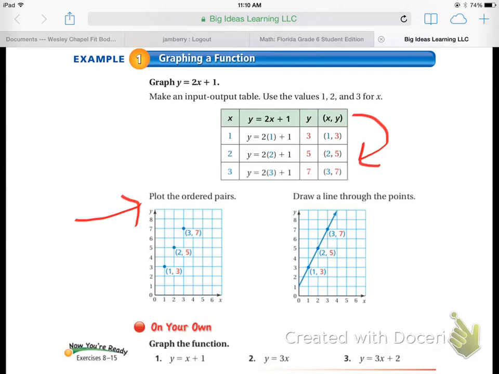The ordered pairs that we plugged in are here, crawling across 1 and up to 3, crawling across 2 and up to 5, and crawling across 3 and up to 7. Then all they've done is extend the line and connect the dots, and if it makes a straight line, it is a linear function. Okay, so now we're going to work some of the examples below.